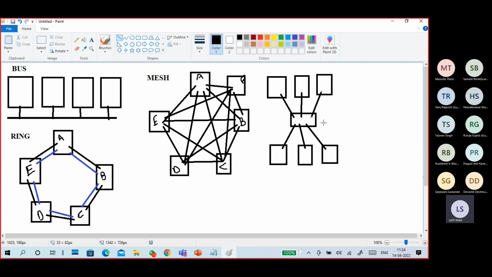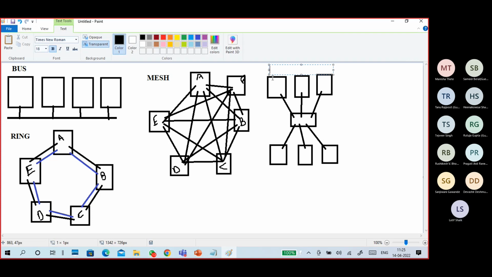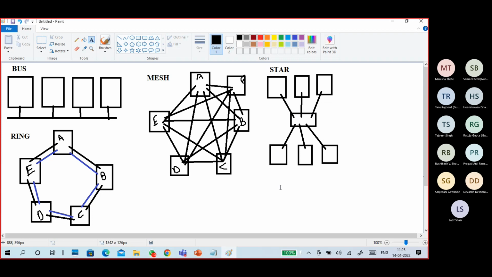Like the brightness of a star, like the sun is a star, the light is drawn out like that. So diagrammatically it is like that, and it is called a star topology. Here you have computers A, B, C, D, E, F, like this.